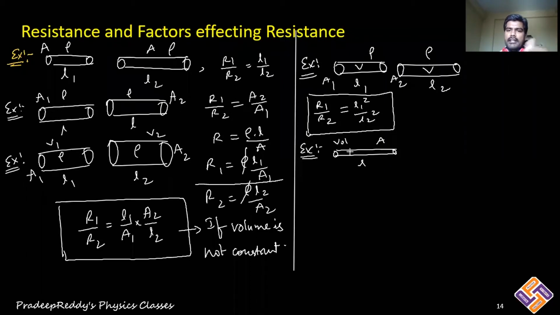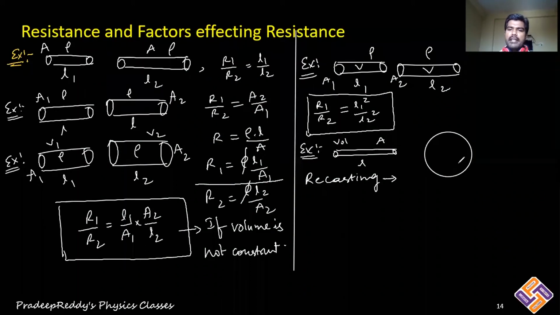You are taking the conductor and recasting it into a circle. Recasting means the same material, but you are changing its shape, its length or area of cross section, whatever it is.